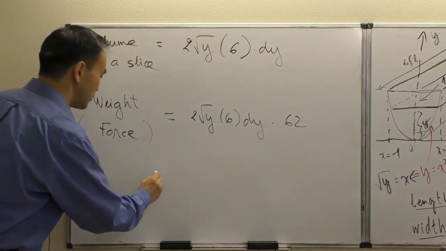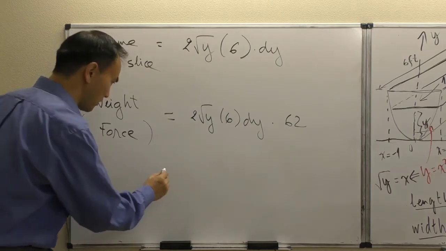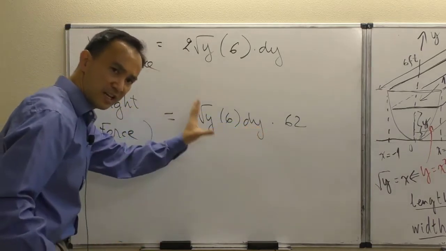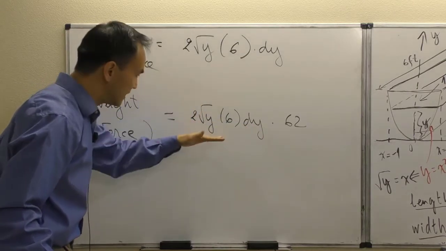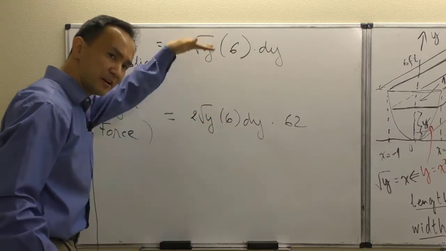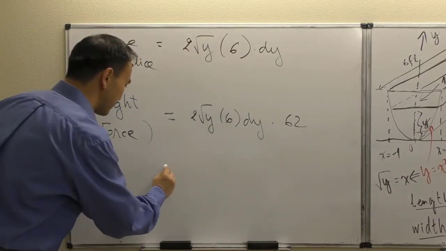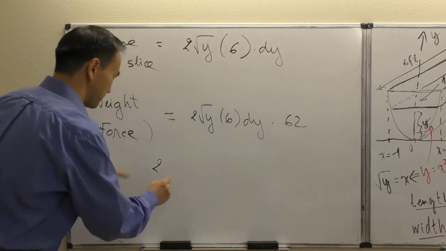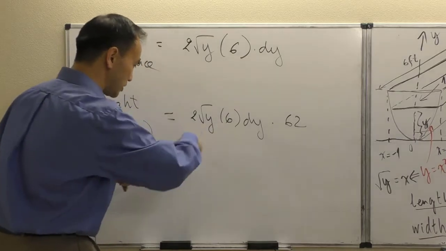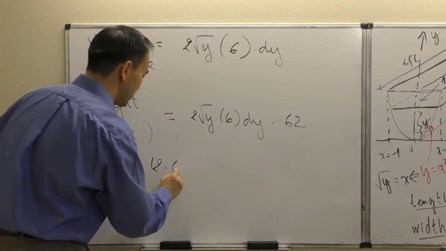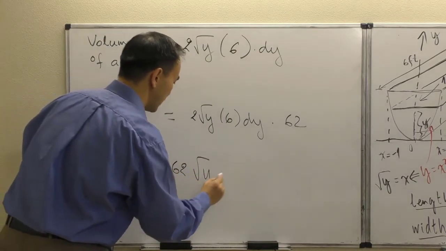Now I'm going to multiply the force by distance. For any thin slice at the top, when we're pumping it out or lifting it out of the trough, we need this much force. Let me multiply this together: 2 times 6 is 12, 12 times 62 times square root of y times dy.